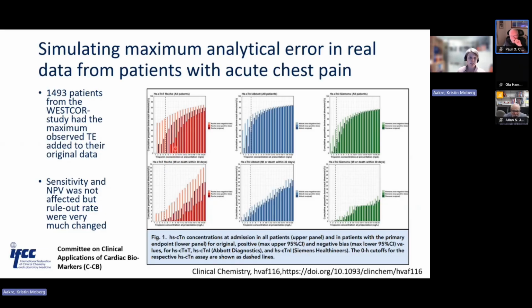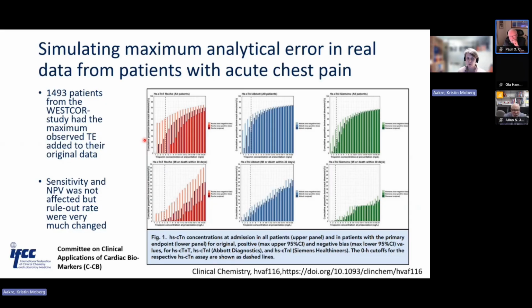And then we would recalculate the sensitivity, negative predictive value, and rule-out rate using the new, manipulated data sets. And what we showed here was that there was very low influence on the sensitivity and negative predictive value, almost completely similar, while the rule-out rate, the efficacy of the algorithms, was very much affected when we manipulated the data.